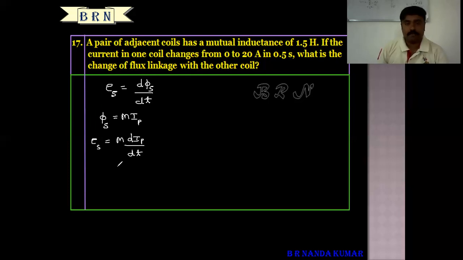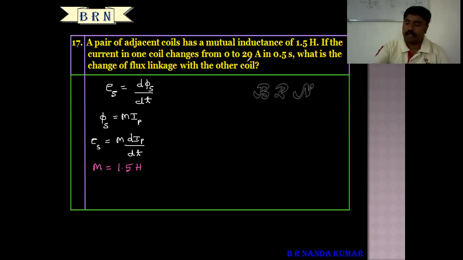So what is given here? That is very important. The M value is given. What is the value of M? M value is 1.5 Henry, and your current changes from 0 to 20 ampere.